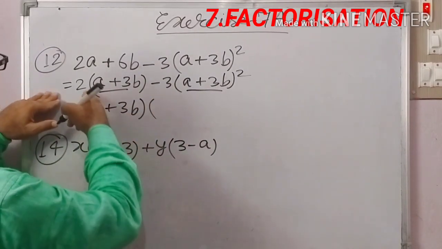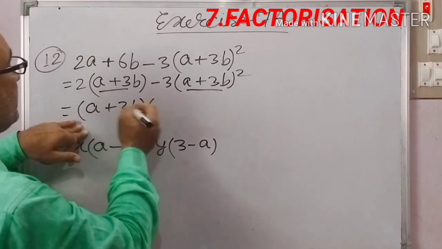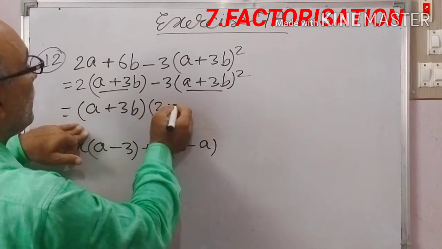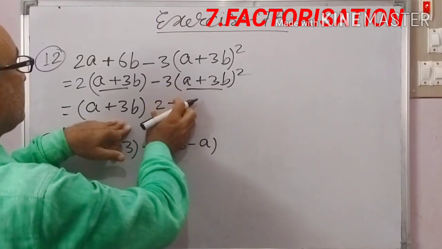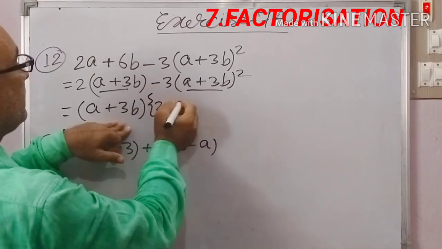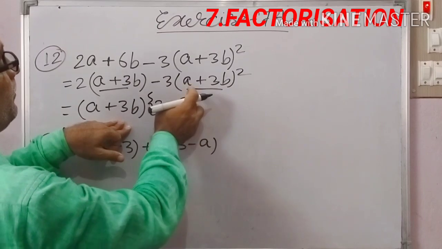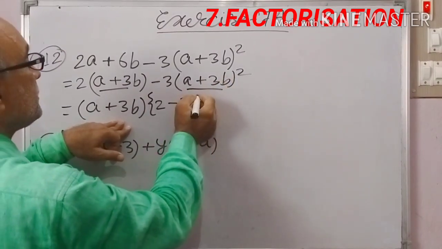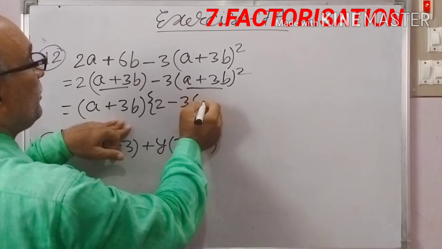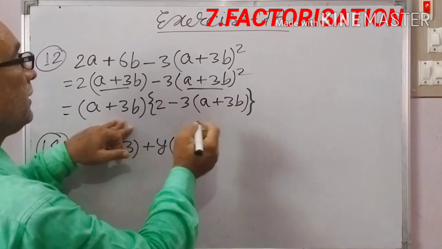Remaining 2 into a plus 3b, take curly bracket, 3 a plus 3b is common in a plus 3b whole square, so left 3 into a plus 3b.